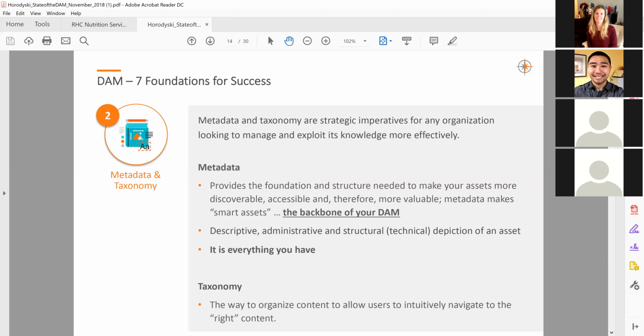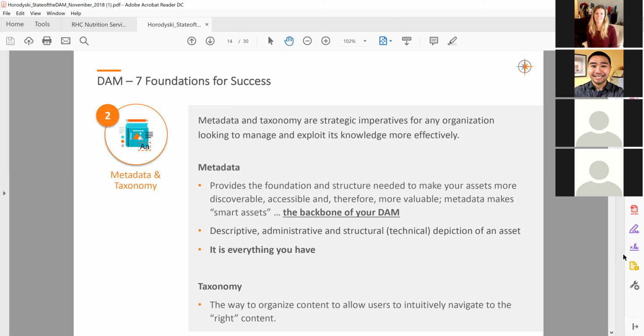So while metadata provides the foundation and structure needed to make your assets more valuable, taxonomy provides that consistency and control that allows the DAM to be that single source of truth and to be a key enabler to make content more findable and effective for users.